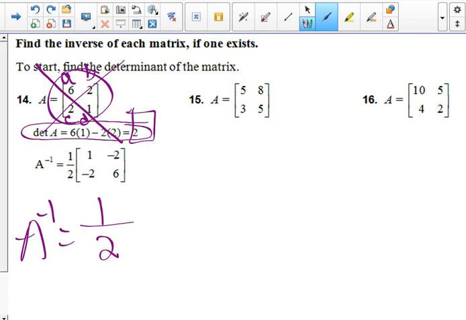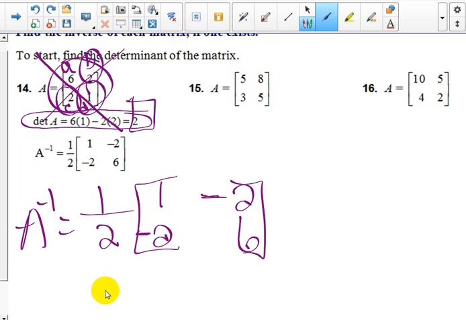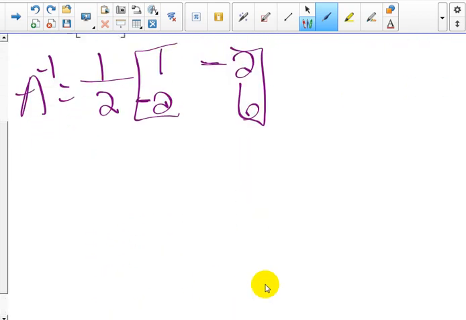So the determinant is 2, 1 over 2 times, and now we're going to change the order. It's going to go A on the bottom, so it's going to be 6 down here, B, which is 2, C, which is 2, and D, which is 1 goes up top, and then negate these two. So just flip the signs, whatever they are. So now we're not done because we've got to clear that 1/2.